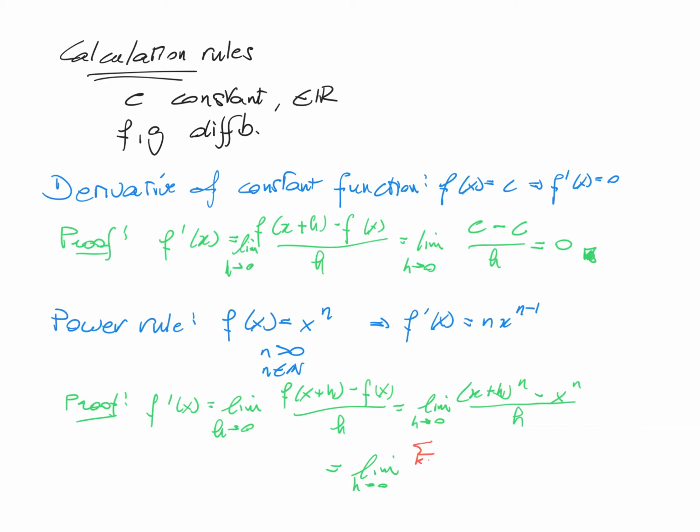So this is the sum over k equal to 0 to n of the combination k out of n, x to the power k, h to the power n minus k, minus x to the power n, over h. So here the red part is where we use the binomial theorem. And as I said before, we will see this in a later chapter.